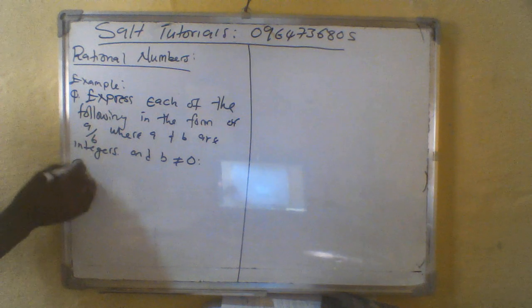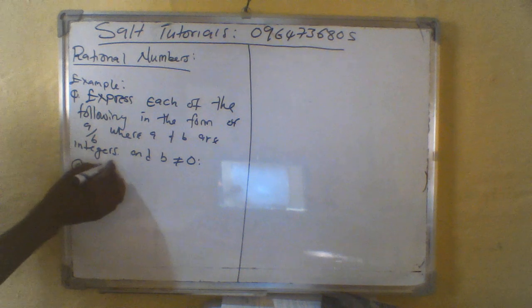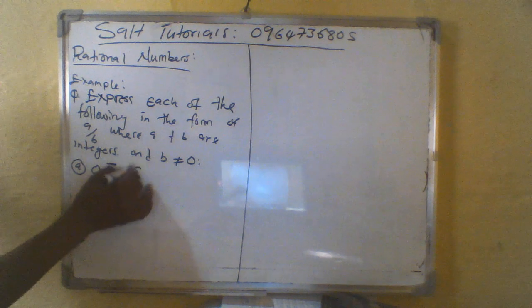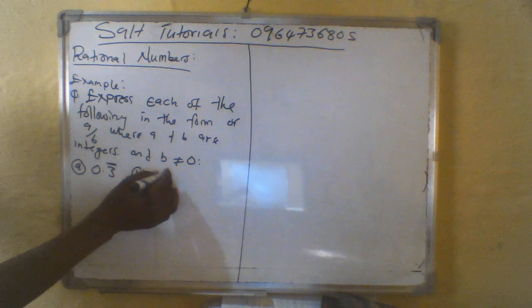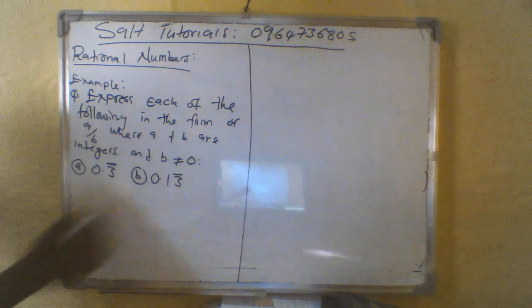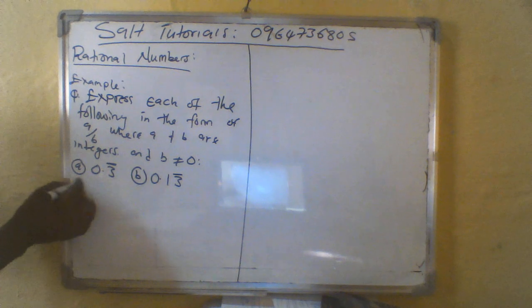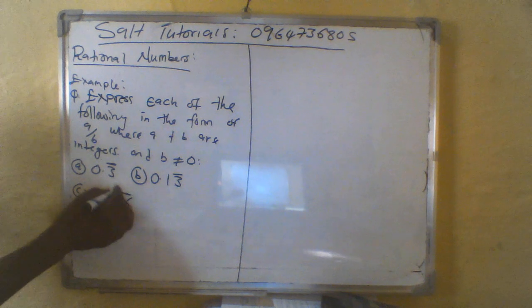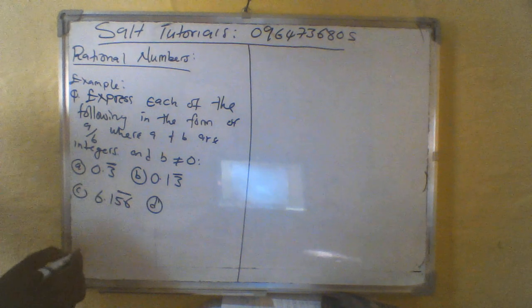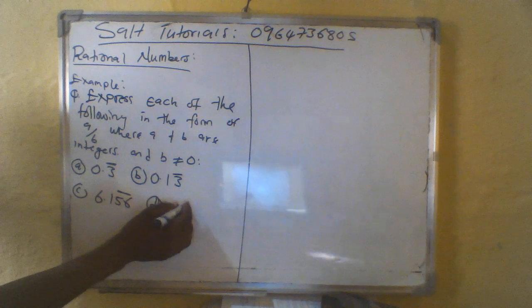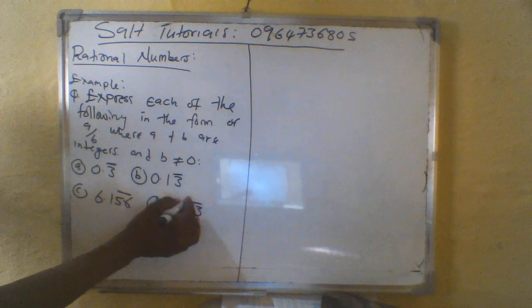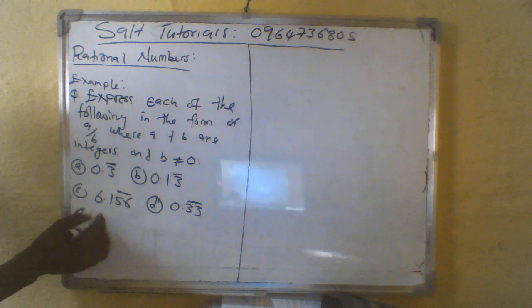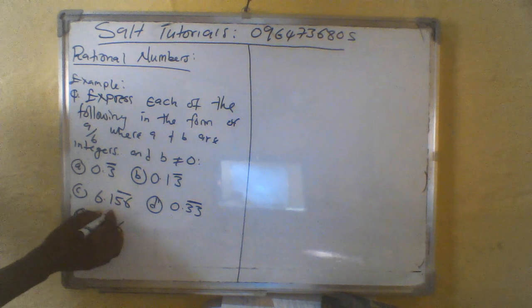So we'll start with the first one, 0.3 bar. We'll go to the second one, B, 0.13 bar. We'll look at C, 6.156 bar. We'll look at D, which is 0.33 bar. Then we'll look at E, which is 0.16 bar.